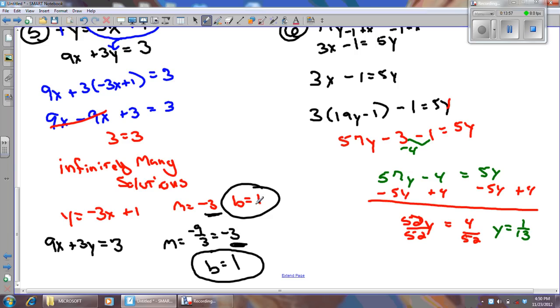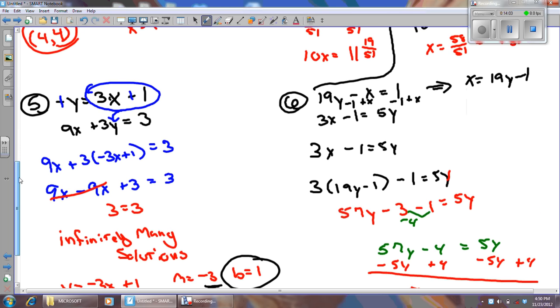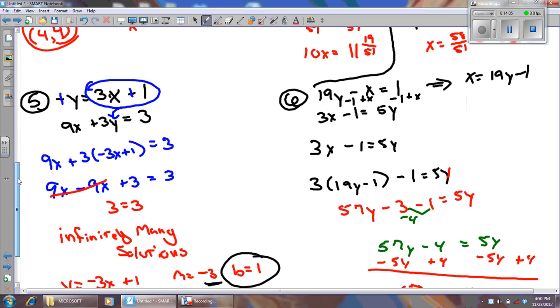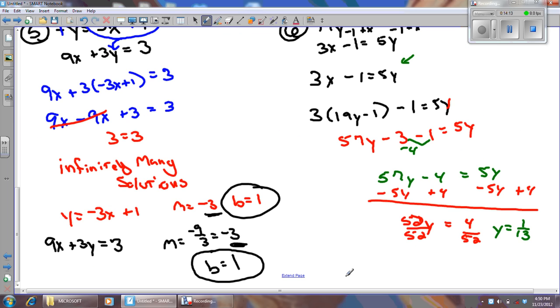All right, so now I know y is 1/13. I'm thinking that they're all really ugly. I'm thinking I'm going to plug that in here and see if I can't solve for it. So let's see here. 3x minus 1 equals 5y.